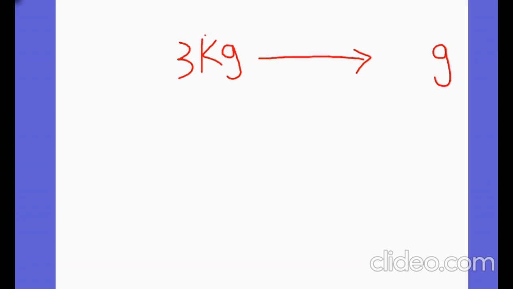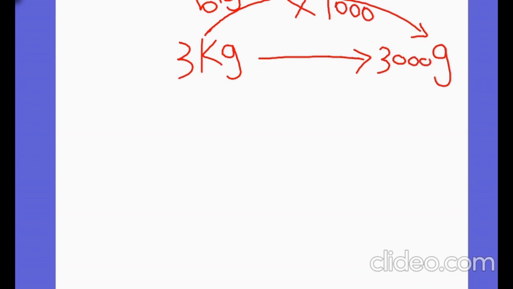As I said, when I transfer from a big unit to a small unit, what will I do? I will multiply by what? By 1,000. Good. So, the answer will be 3 multiplied by 1,000, which is 3,000 grams.